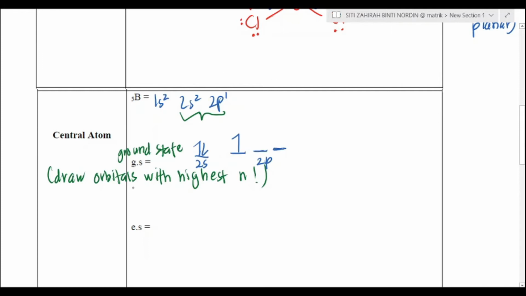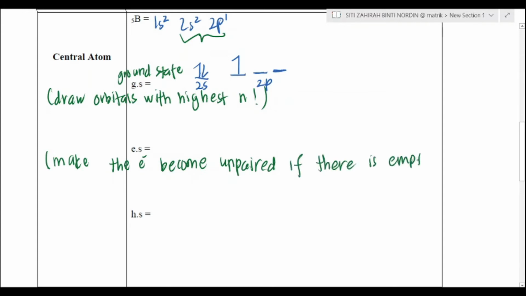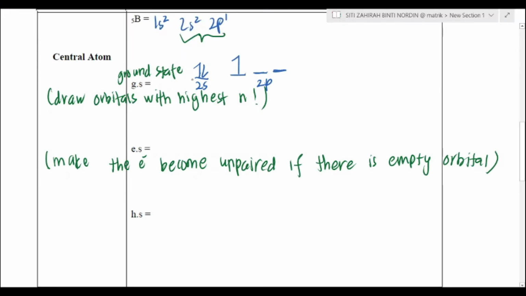So you've got 2s2, 2p1. For the excited state, you have to make the electron become unpaired, if there is an empty orbital. So check your ground state. The electron in 2s is paired. For the excited state, I don't want it to pair, and you must check that the last orbital has an empty orbital.